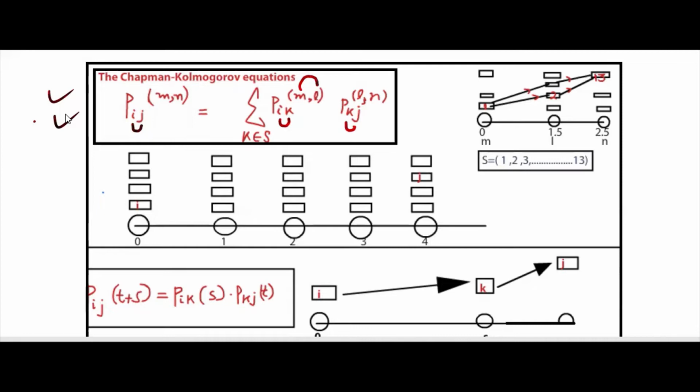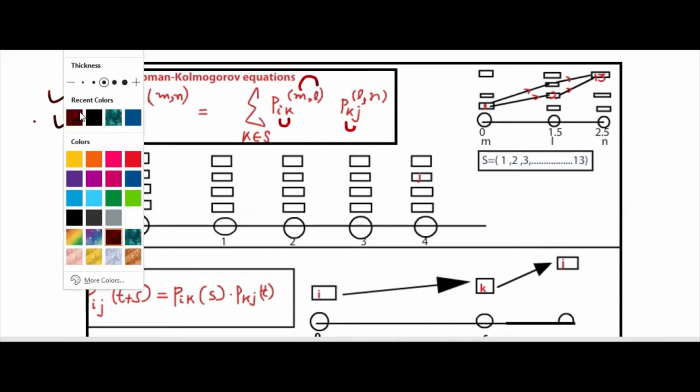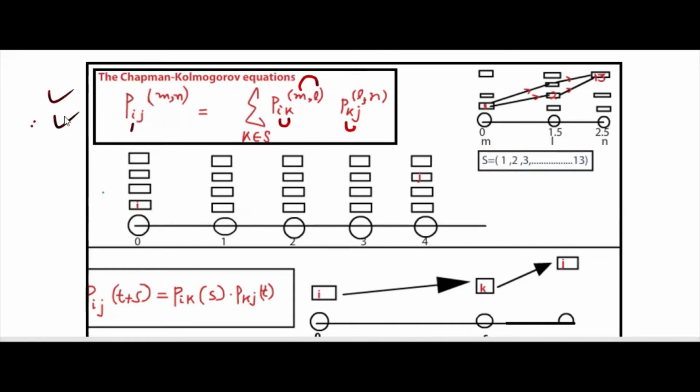Here the time interval is from m to n. Suppose you need to go from i to j. i is Delhi and j is, suppose, Chennai. You have to go from Delhi to Chennai in 5 hours, 5 hours meaning suppose from 10 to 3 p.m. That way we divide and then we multiply the probabilities.